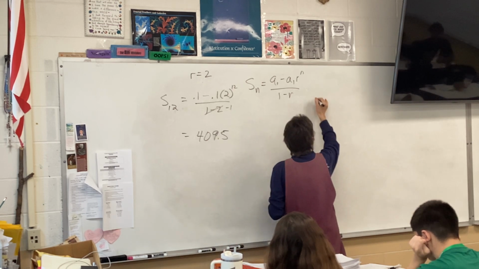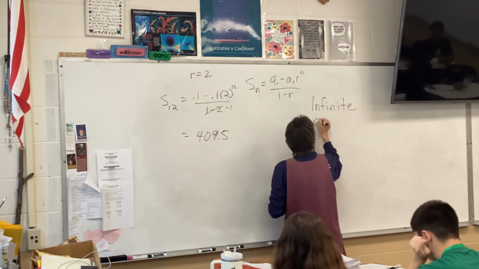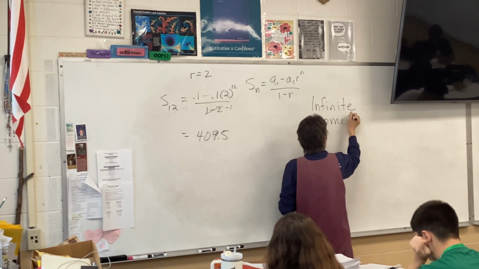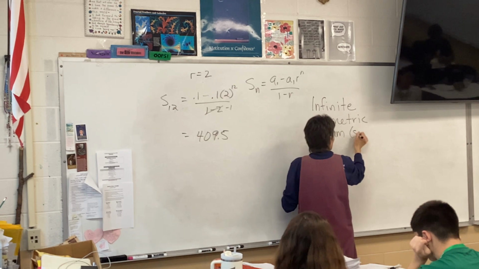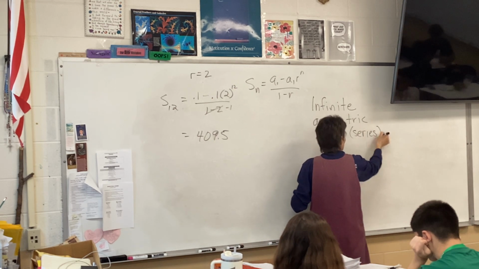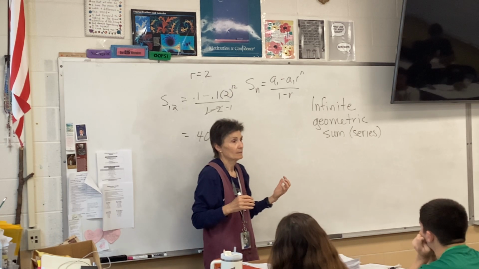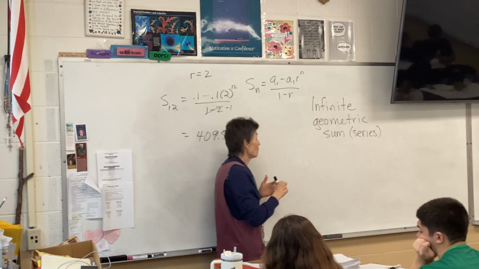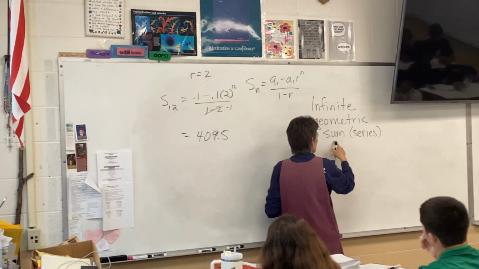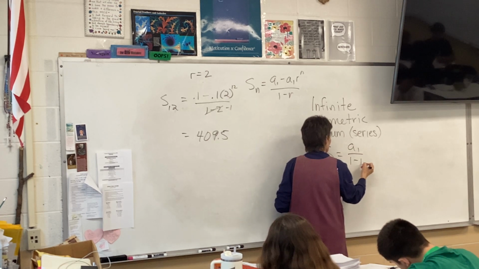The 5th one is for an infinite geometric sum, sometimes called a series. In math, the word series means you're adding. The formula for an infinite geometric sum is very simple.